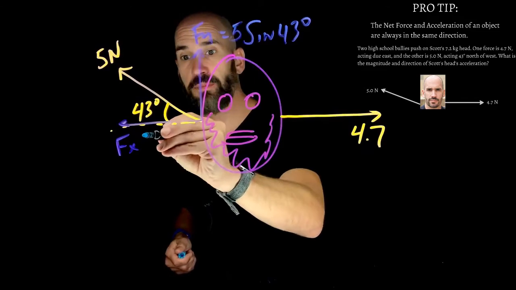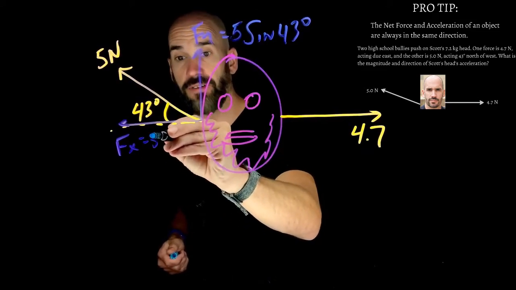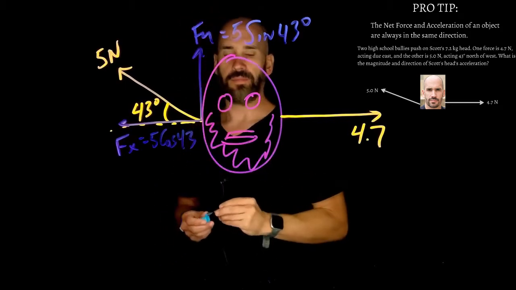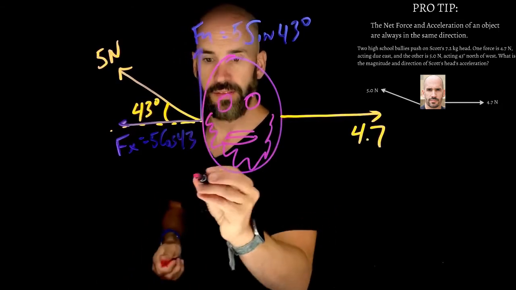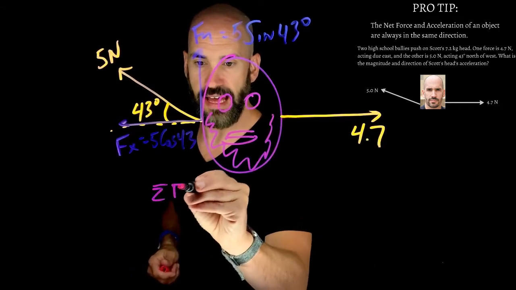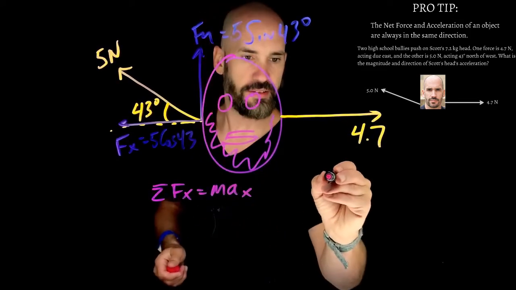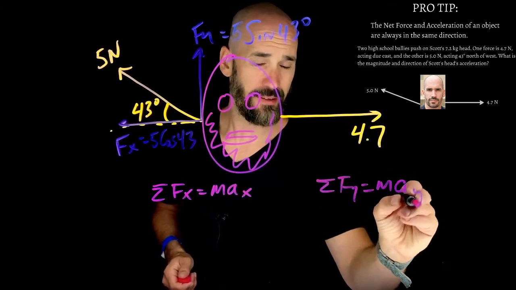And the x component does touch the angle, so that's going to be 5 cos 43. So we say that the sum of forces in x must equal max, and the sum of the forces in y must equal may.